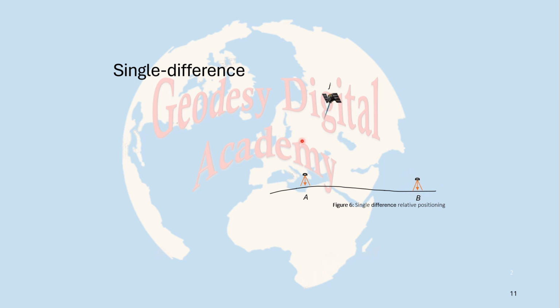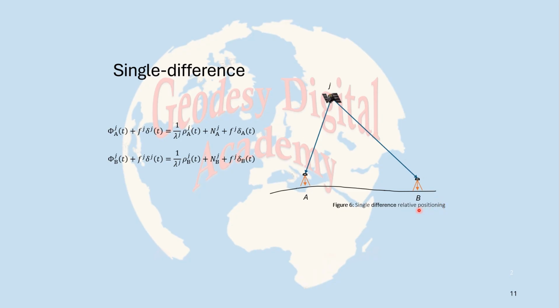So I can write a mathematical model between the satellite J and point A, the reference one, as you see here, and another one between the satellite and the unknown point B. Now I subtract these two equations. On the left-hand side of both equations, the satellite clock is common.